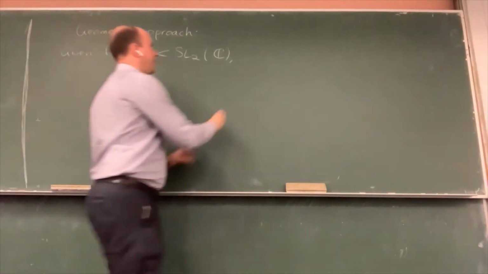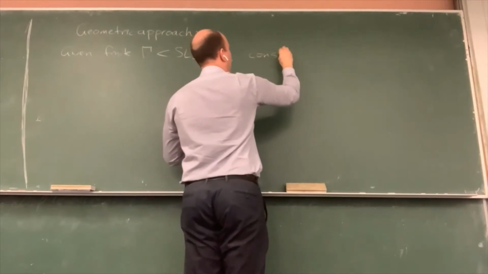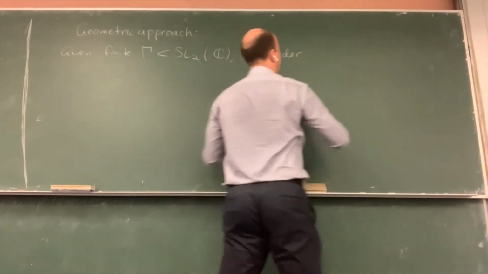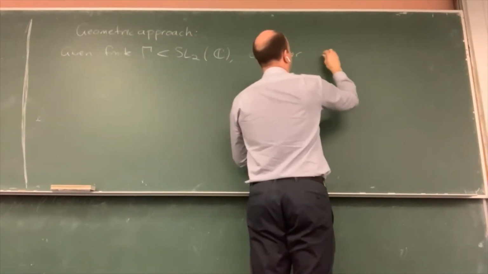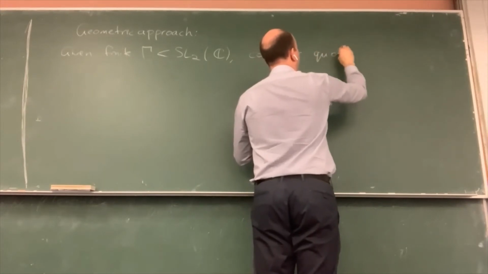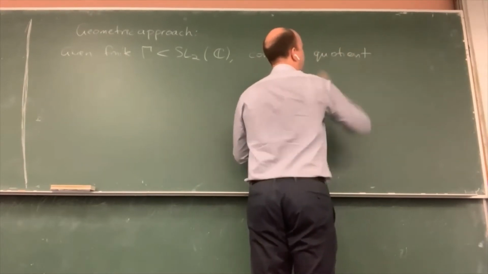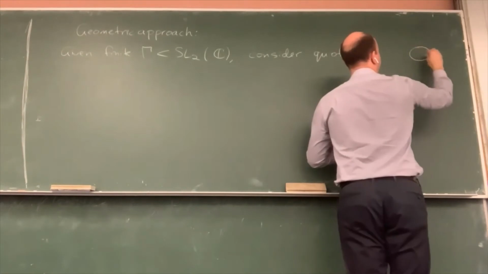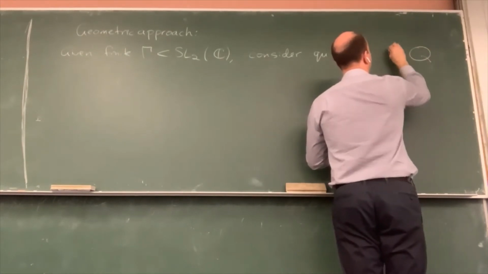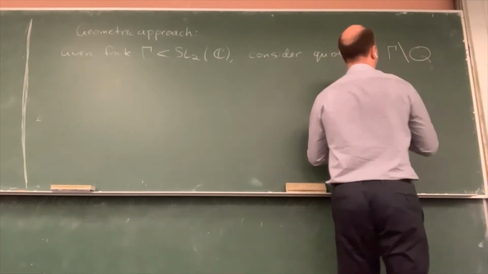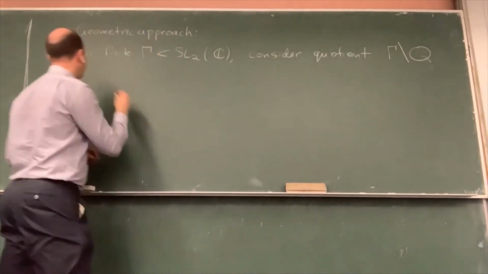and consider the quotient of the two-dimensional representation, which I was calling Q, by the action of gamma as an algebraic variety.